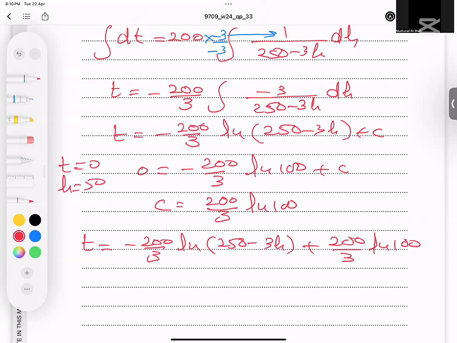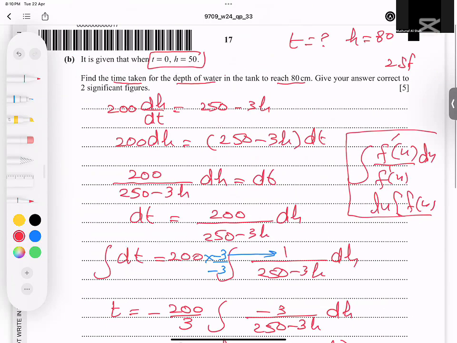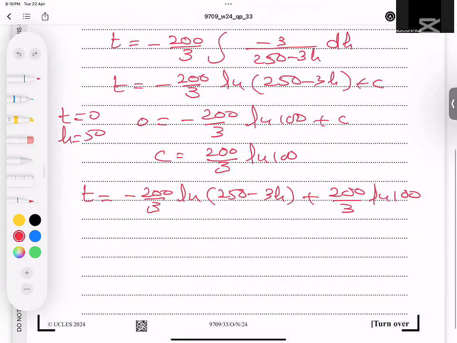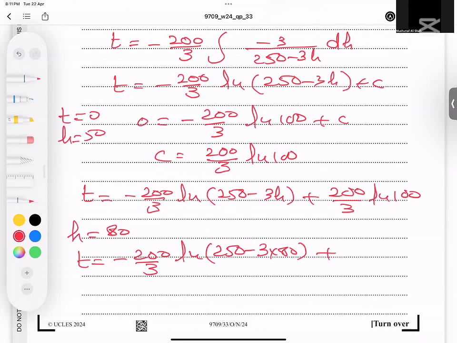Now we can go on, because he asked us to find t when h is 80. So I'm replacing h with 80. When I plug in h equals 80, let's see what answer turns out. I'm going to replace: 250 minus 3 times 80, and 200 by 3 log of 100. Now I'm going to type it into the calculator, students.